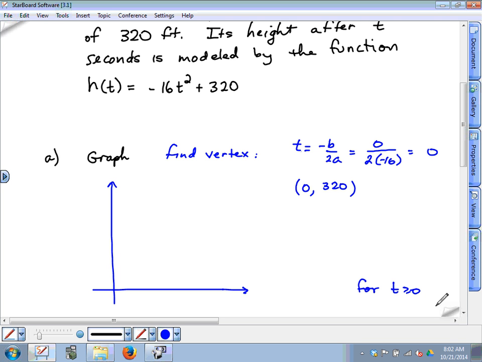Okay. So we have to label these axes correctly. The horizontal axis is t for time. The vertical axis is h for height. I'm going to label these by 50.